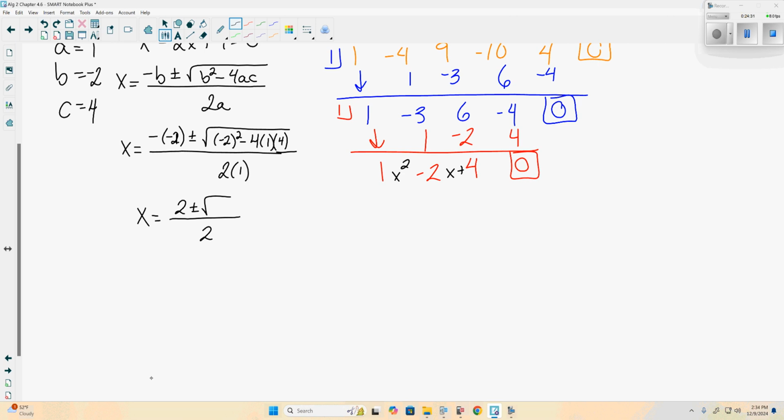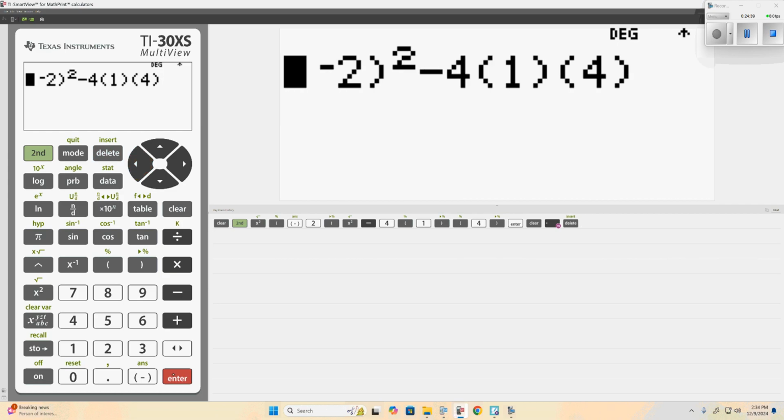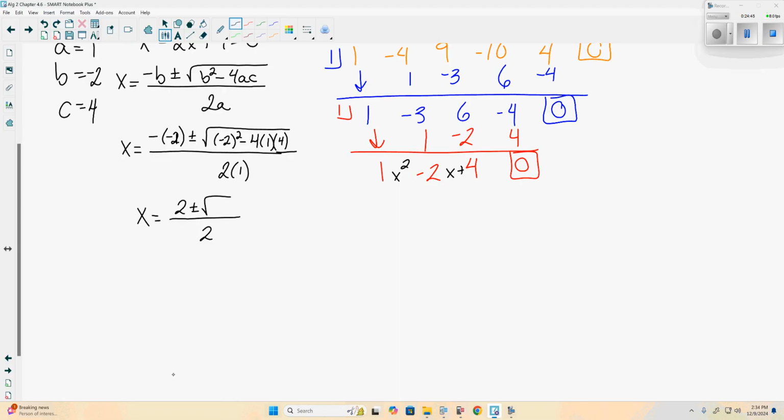This is part of the reason why in the calculator, I'll plug it in here, but without the square root. So we have square root of negative 12.